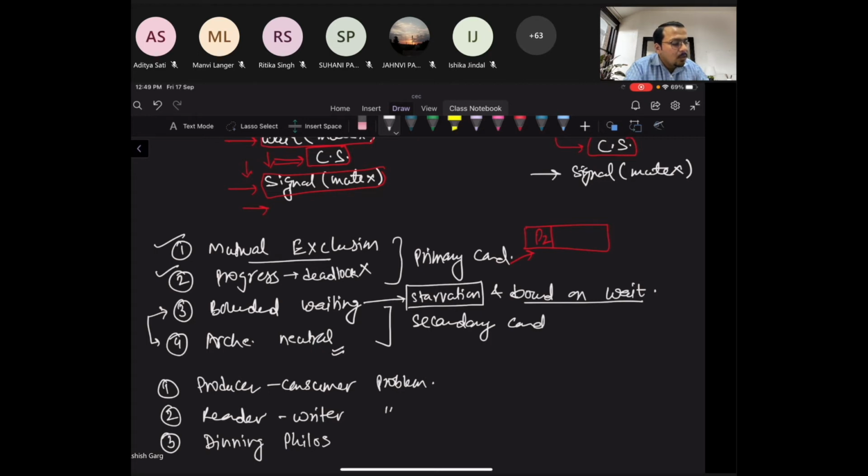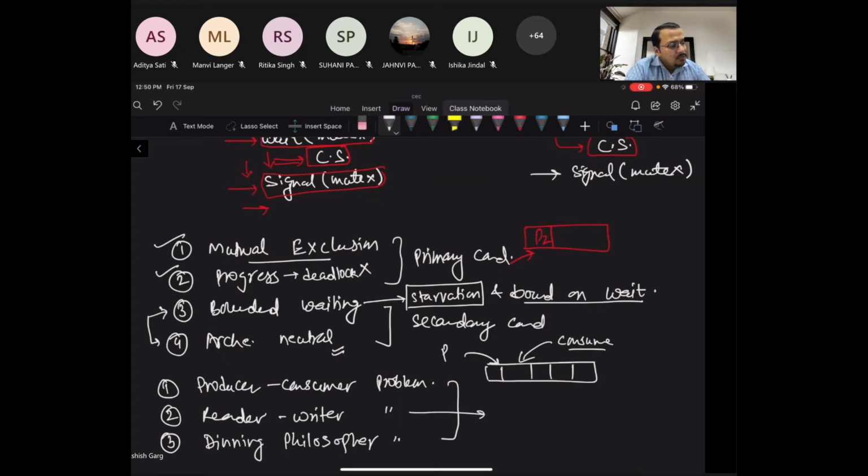So these three problems you have to read. What are these problems? The first one is very simple. There is one buffer and we write into it using a producer, and consumers consume the items from this buffer. This buffer is a common memory and we need a critical section to safeguard it, otherwise problems will arise.